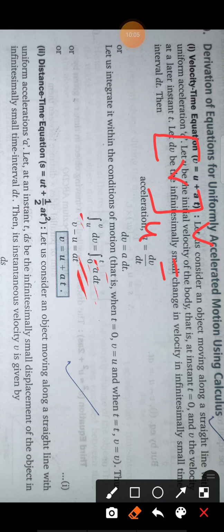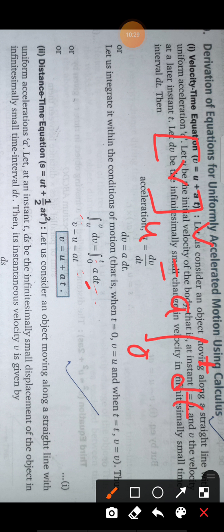Here we have a, so a is constant with respect to t, correct? A is constant with respect to t because we are integrating with respect to t. So with respect to time, acceleration is a constant quantity. So you can take a as common, a into 0 to t into dt.